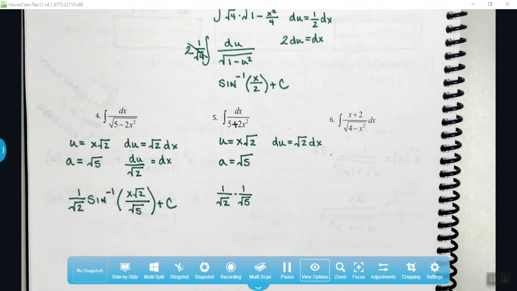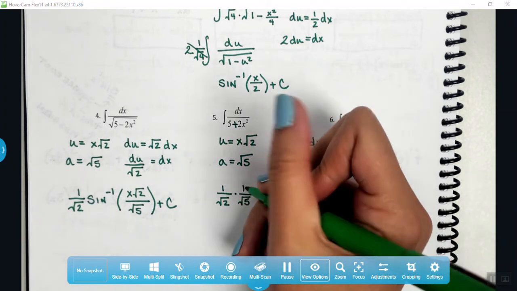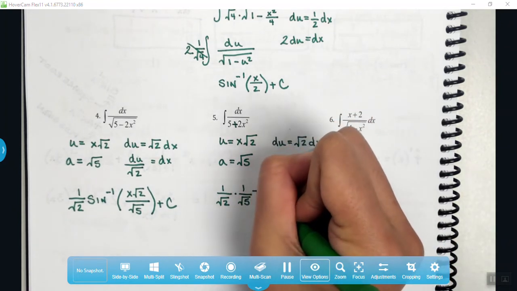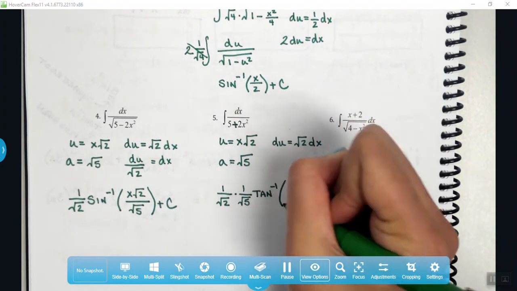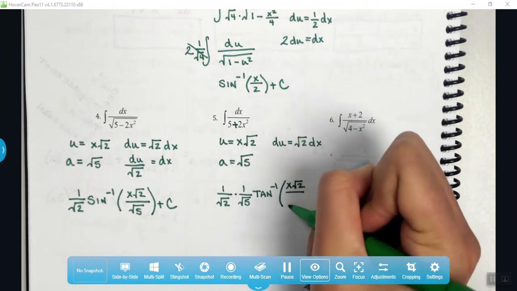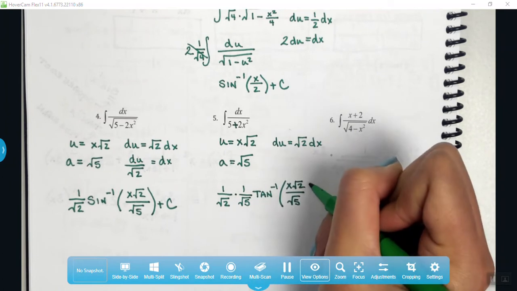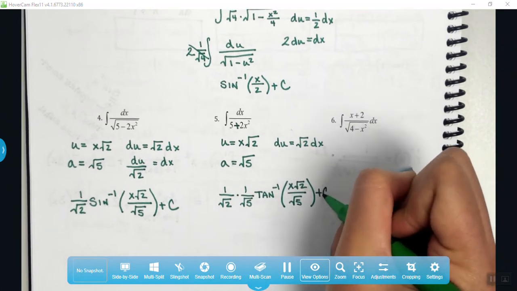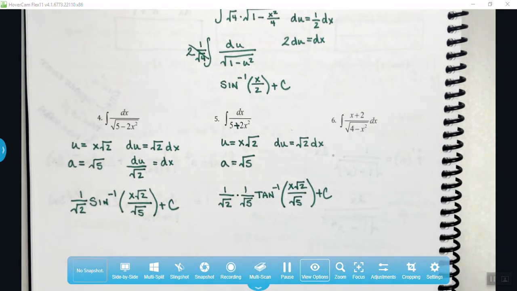So 1 times 1 over root 5. This is our u sub part. This is the 1 over a, and this is tan inverse of u over a. So x root 2 over root 5 plus c. Okay. Any questions on that one?